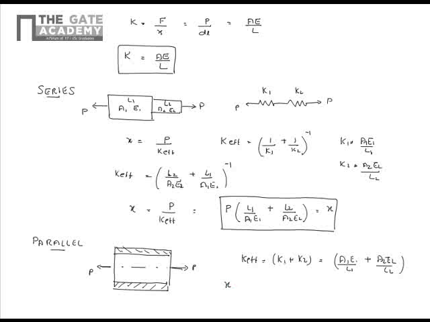Therefore, the elongation is given by P by K effective, that is nothing but P by A1 E1 by L1 plus A2 E2 by L2. This way we can easily find the elongation of systems in series and parallel if we have an analogy with the spring system.